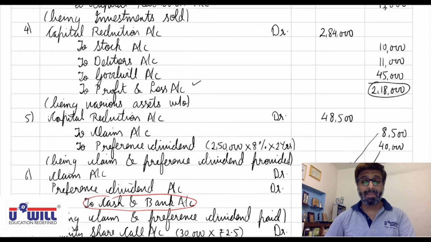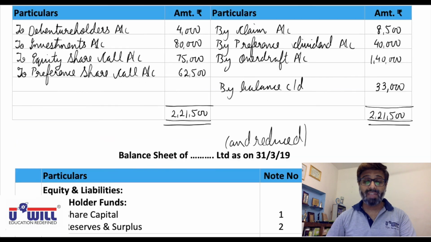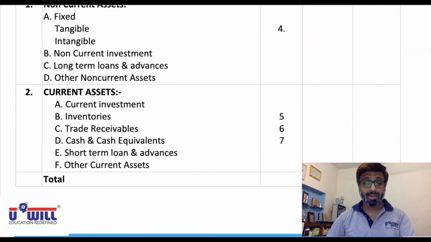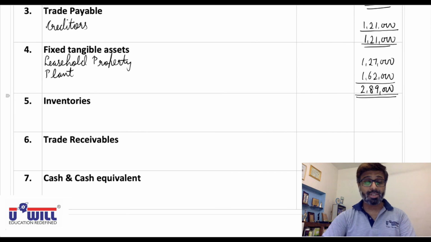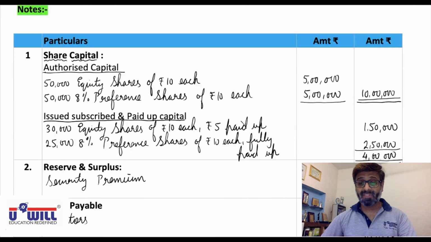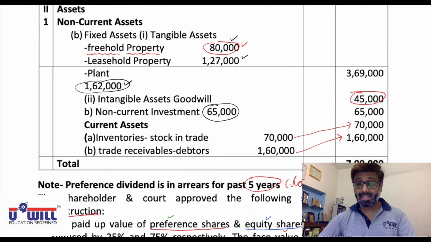Then next item in the balance sheet is intangible assets. Okay, that is goodwill we have, but that we will show. Okay, that is to be written off. So that we will show for 5 years, as we do for fixed assets. So even goodwill is a kind of fixed asset, we would show that. Goodwill will be shown in intangible fixed assets along with the written off amount. So goodwill is 45,000. Okay, as you can see in the balance sheet, goodwill is 45,000.